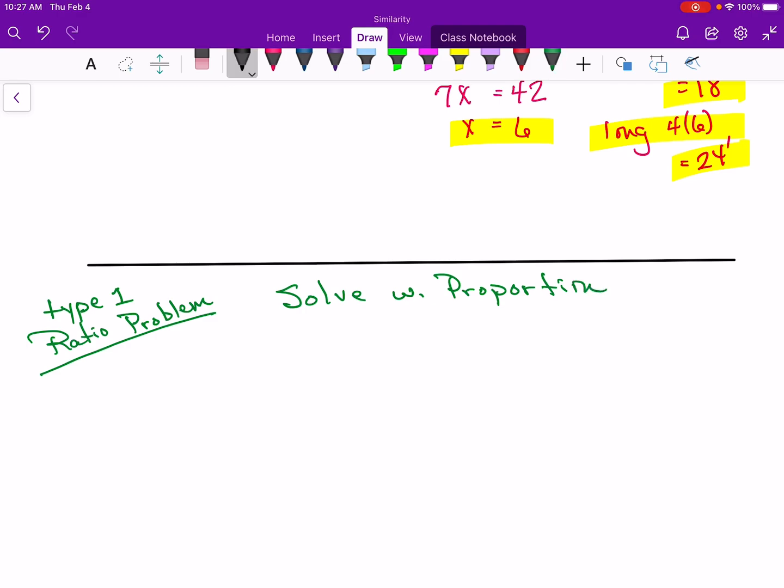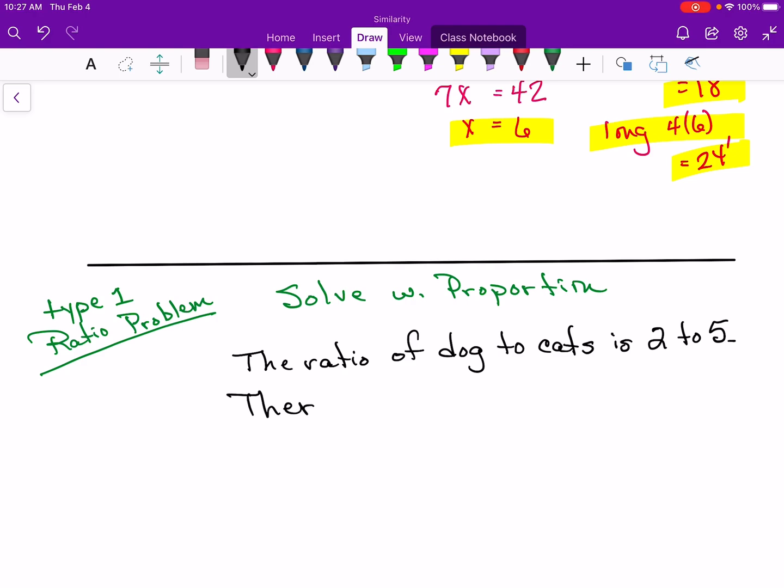Our example says the ratio of dogs to cats at some kind of an animal shelter is 2 to 5. There are 12 dogs at the shelter.